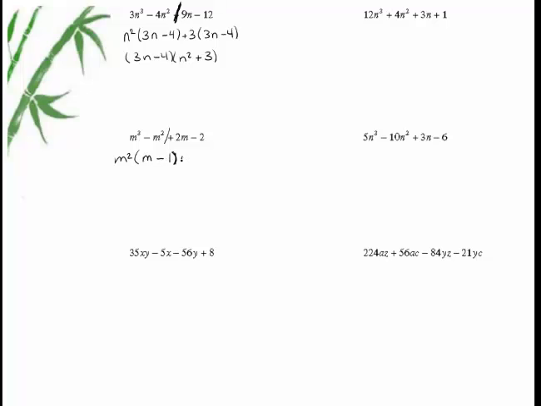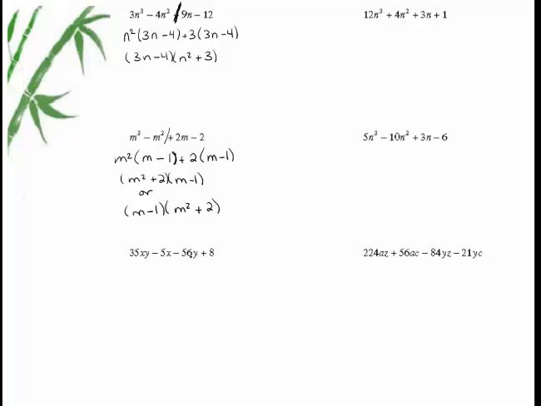So m minus 1 plus 2 and 2, so I can take out the 2 and I get m minus 1. So I get m squared plus 2 and m minus 1. It doesn't matter what order these parentheses go in. I could have still written that m minus 1 in front and the terms out front second.